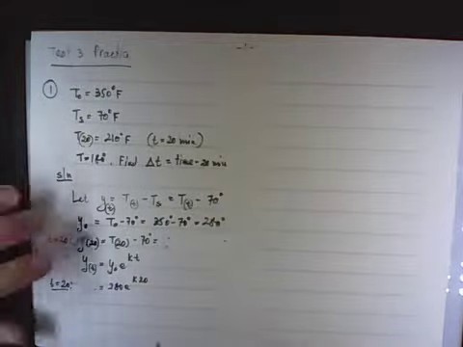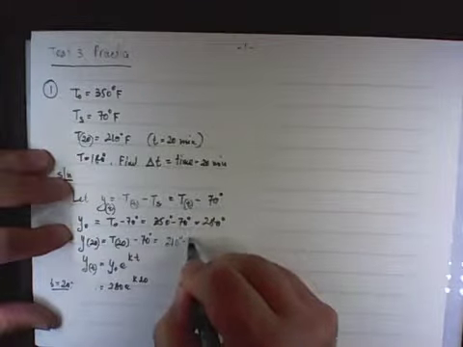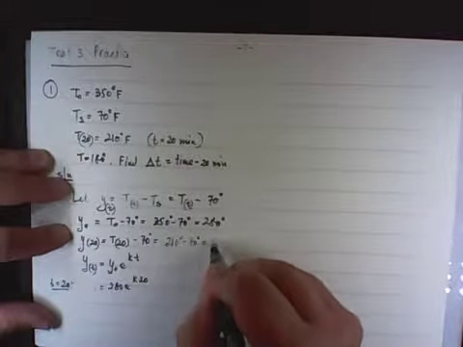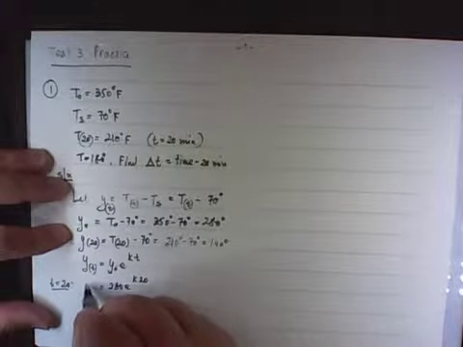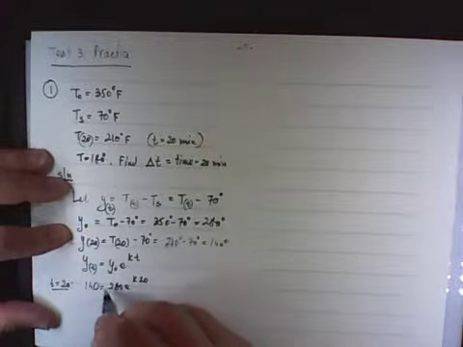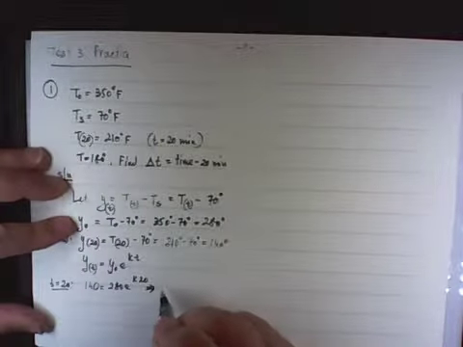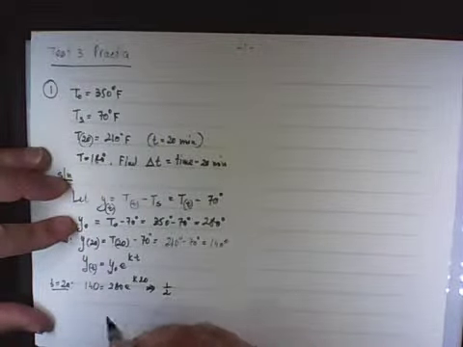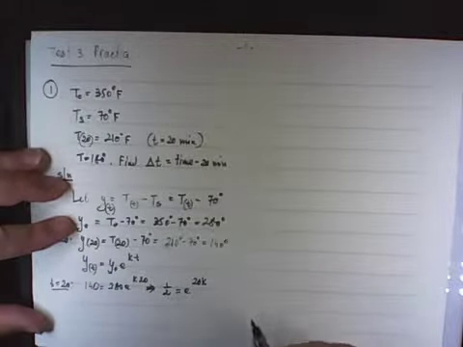Okay, so thank you. T of 20 is 210, minus 70 degrees. So we're looking at 140 degrees. So now we're going to say that 140 equals 280 e to the 20k. And from here, if we divide by 280, you get 1/2 equals e to the 20k. And you apply the natural log.